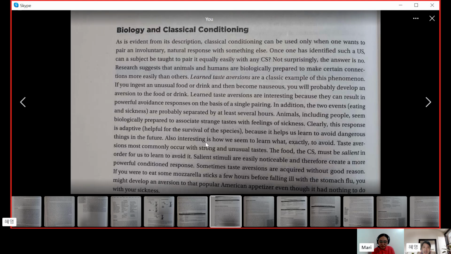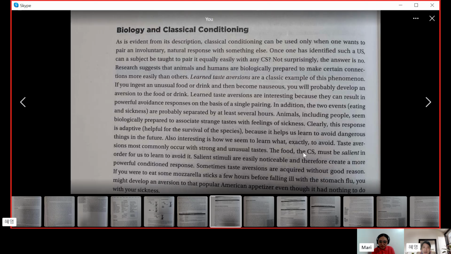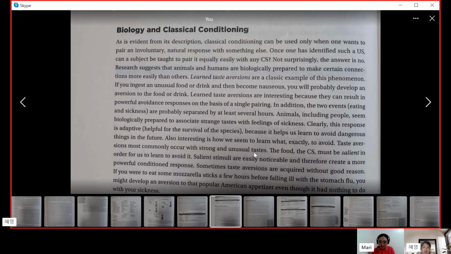Also interesting is how we seem to learn what exactly to avoid. Taste aversions most commonly occur with strong and unusual tastes. The food, the conditional stimulus, must be salient in order for us to learn to avoid it.